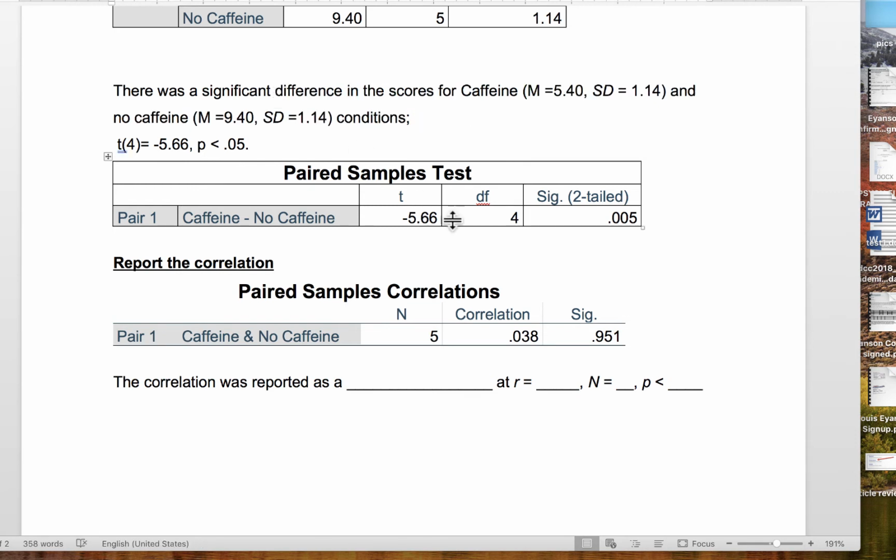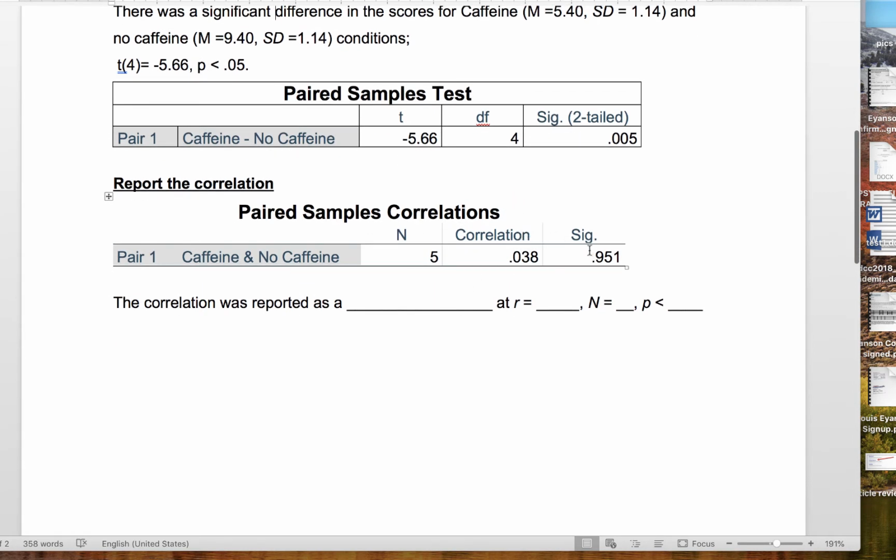And then you have a correlation, okay? The correlation here is 0.038, very close to 0, so it's a very slight correlation. There's no negative sign, so we now know it's a positive. So now we're going to take this and we're going to write positive slight correlation at R, which is your correlation number right here, which is 0.038.